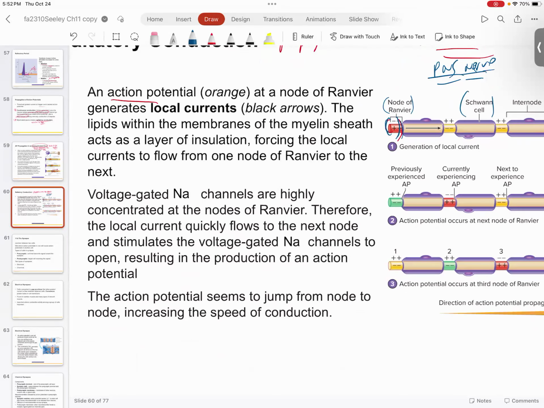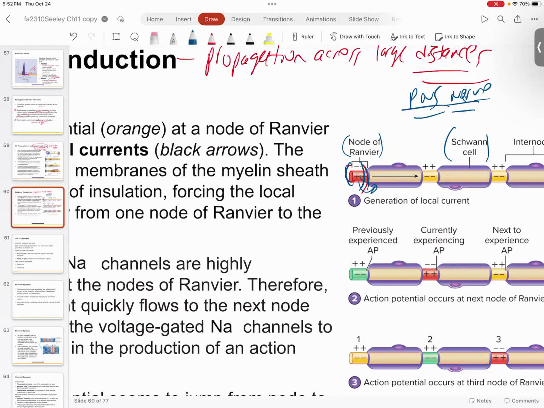Once this local current comes in, it can't get to the adjacent membrane because this sheath is in the way, insulating the axon. It tries over here, nope, can't get there. It's all insulated and wrapped up.